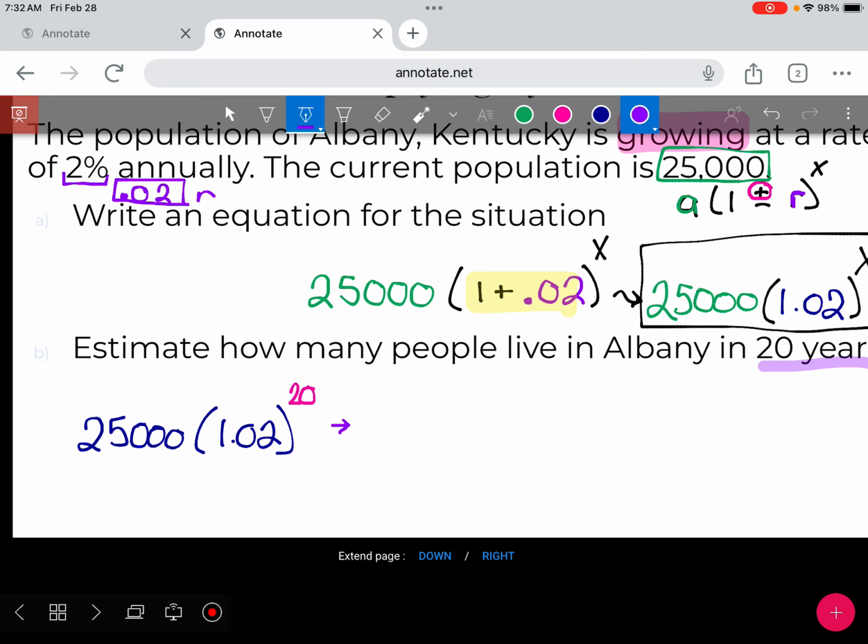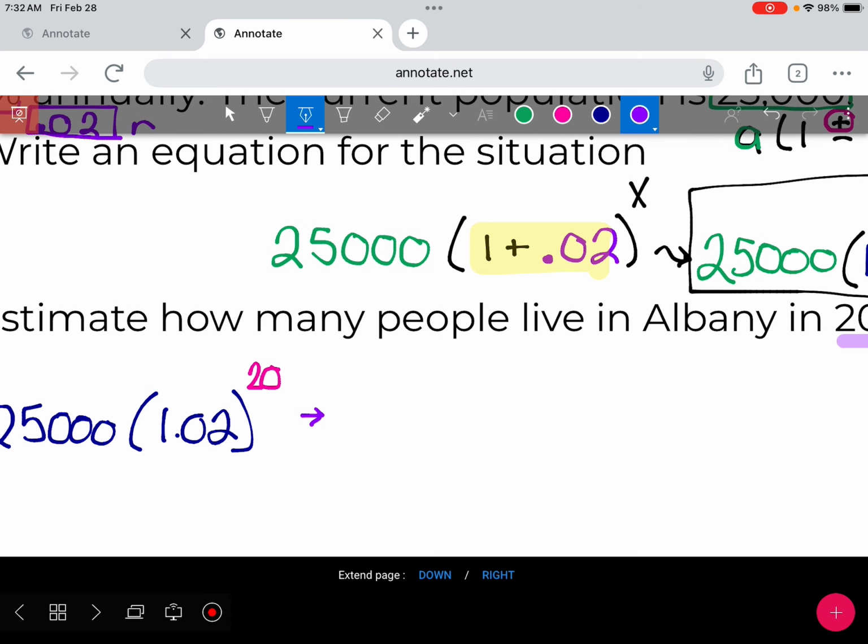So we get what? Like straight out of the calculator, what do we get? 37,148. Yep, 37,148. 0.6849. You can round it up to 7.7 though, can't you?